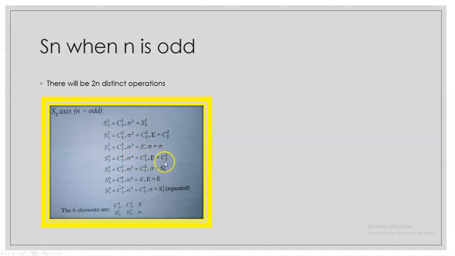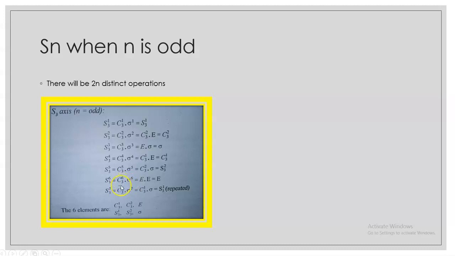So it is C3-1. S3-5 is equal to C3-5 into sigma 5. So C3-5 is nothing but C3-2, because C3-3 into C3-2. So C3-3 is identity, so it goes away. And the operation you get out of this is S3-2. And S3-6 is C3-6 into sigma 6.